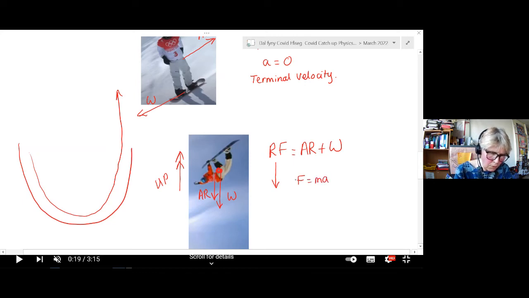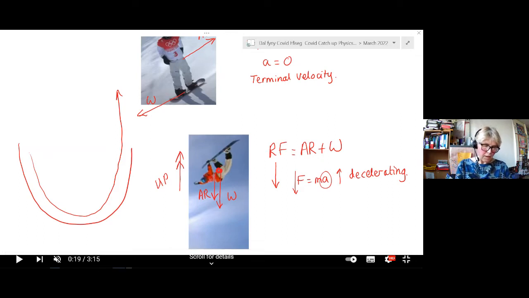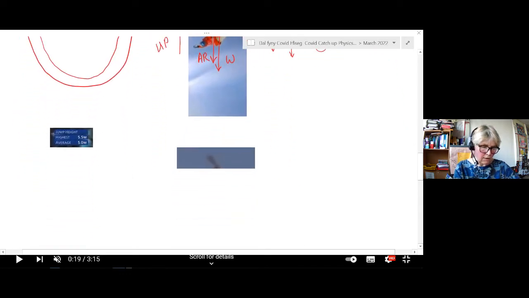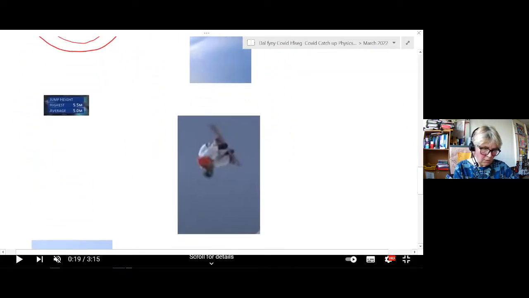You've got the force acting downwards, but because he's moving upwards, this acceleration means that it will be decelerating upwards. So what he will do is slow down until he comes to the top of his jump. All right, and then what happens is he starts to move downwards.